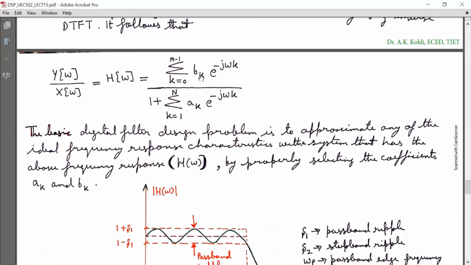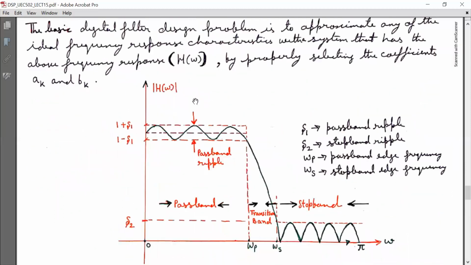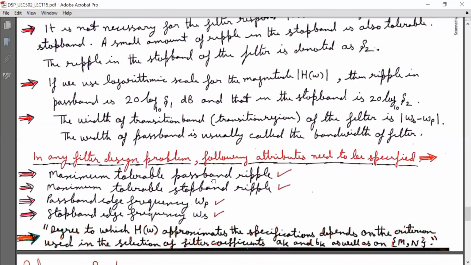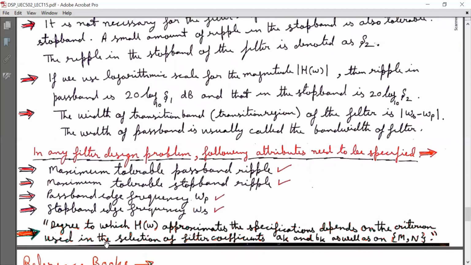So it is all dependent upon how we choose b_k and a_k, the selection criteria, and what is the value of N and capital M. It will decide what is H(omega). So it is rightly written that the degree to which H(omega) approximates the specifications depends on the criterion used in the selection of filter coefficients a_k and b_k, as well as on M and N.